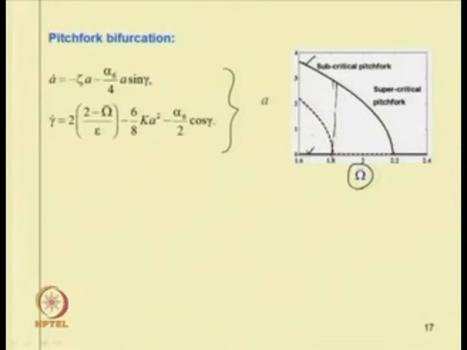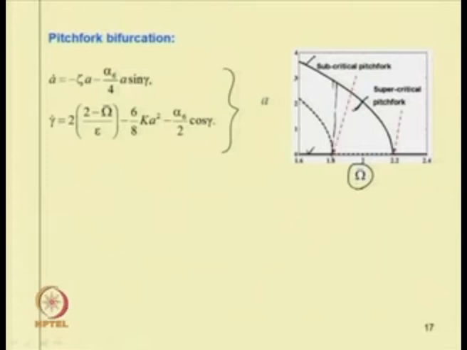In the basin of attraction, one can find for what initial conditions one will have a trivial state, and for what initial conditions one will have the non-trivial state. And similarly, from 1.8 to 2.2, we have only the non-trivial state.